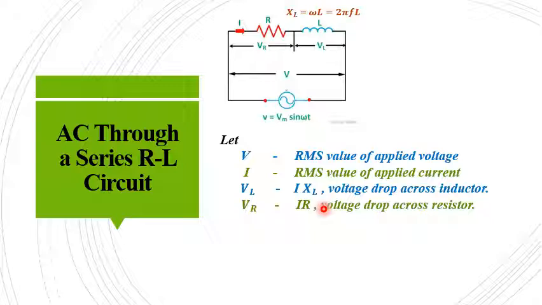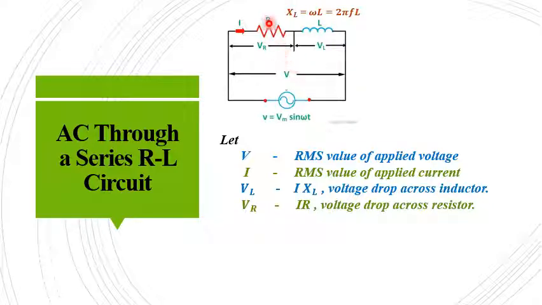In order to find the current through the circuit, first we need to draw a phasor diagram. For drawing a phasor diagram, we always want a reference phasor. Usually the parameter which is common to all the elements is taken as the reference phasor. Here it is a series circuit, so we know that the current in a series circuit is the same.